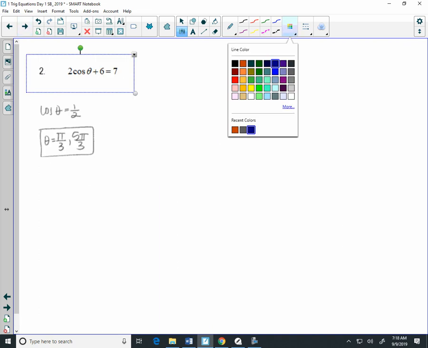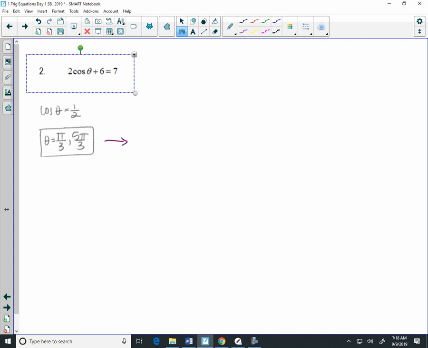Number 2, again, all of these are problems we solved earlier. We have cosine equals 1/2, so that's pi over 3 and 5 pi over 3. So here's my little diagram. Pi over 3 is in the first quadrant, and 5 pi over 3 is in the fourth quadrant. Those two angles together do not make a straight line. They are not pi apart.